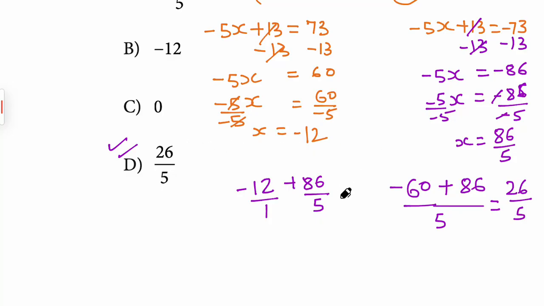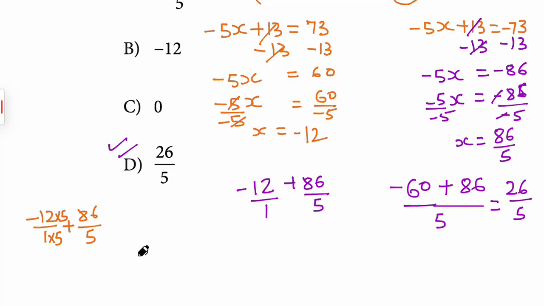We have already done the question, but let's see how we can solve it by another method, by making the denominators the same. Now it is like negative 12 by 1 plus 86 by 5. For that, I'm going to multiply the first fraction by 5 and divide by 5, so this is an equivalent fraction.